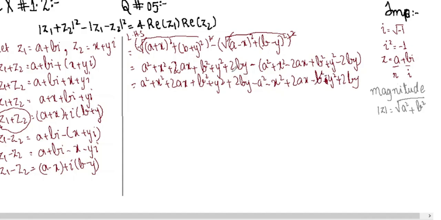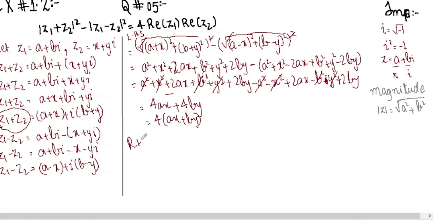Now b square is cancelled with b square, y square is cancelled with y square, a square with a square, and x square with x square. Now 2ax plus 2ax is 4ax and 2by plus 2by makes 4by. So this is your answer, and again we can take 4 common: 4 into ax plus by. Now this is your left hand side.